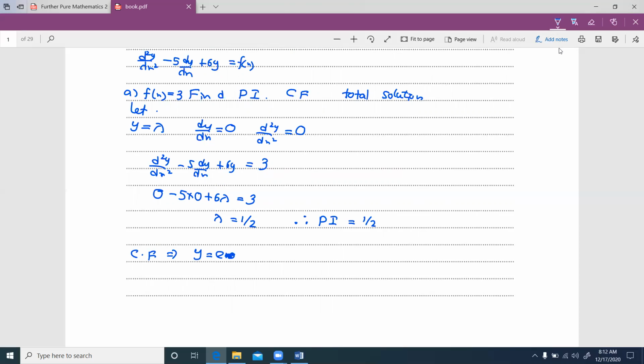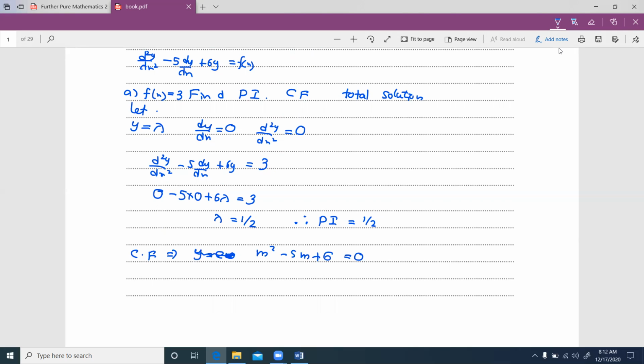That is the fact we use to find the complementary function. Or, other than that, straightforwardly I can write it without doing all of these steps: m squared minus 5m plus 6 equals 0.